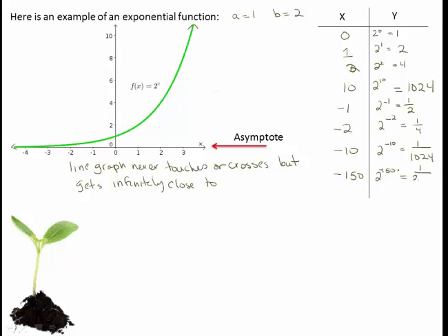It's going to give me 1 over 1.4 times 10 to the 45th. And if I did negative 600, I'll have 2 to the negative 600, which is going to give me 1 over.